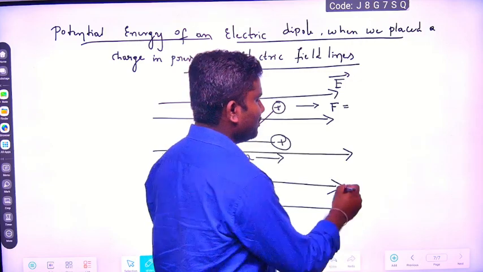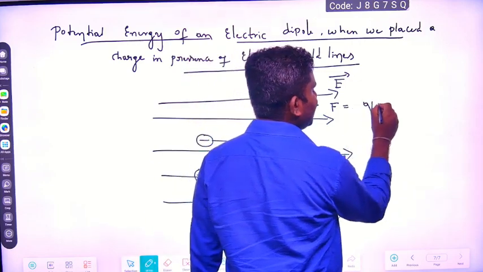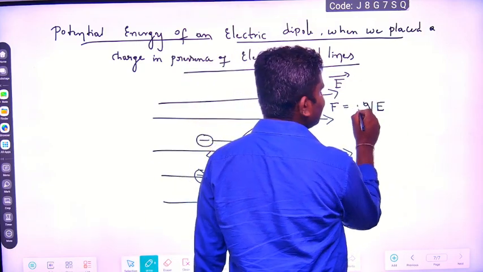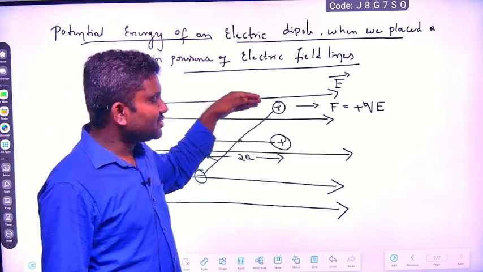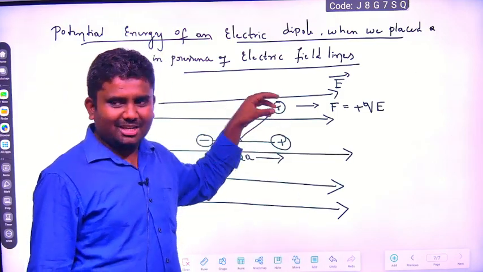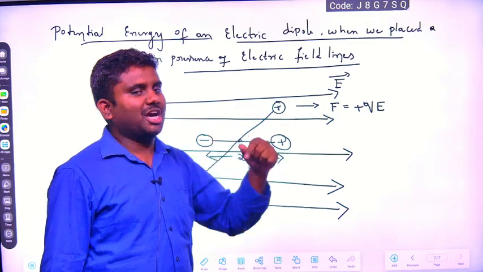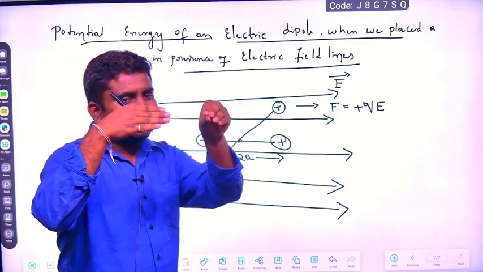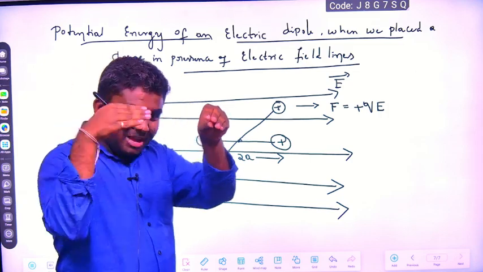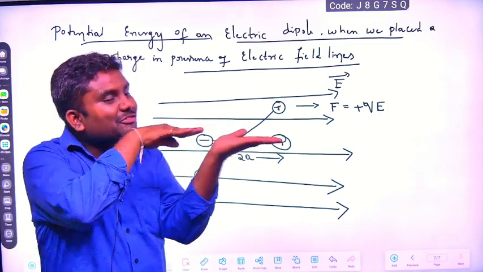F is equal to Q into E due to the electric field, plus QE. So electric field lines will act on a charge. They will produce some force on the charge. Whenever a charge you keep in the presence of an electric field, what will happen? It will apply force in the direction of the field.